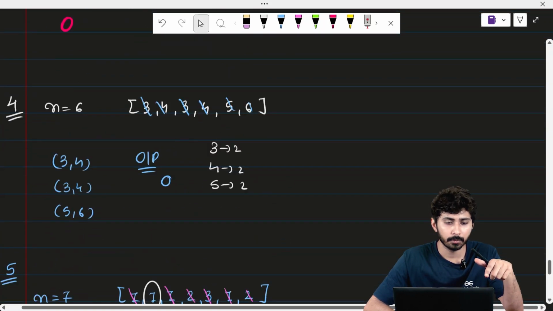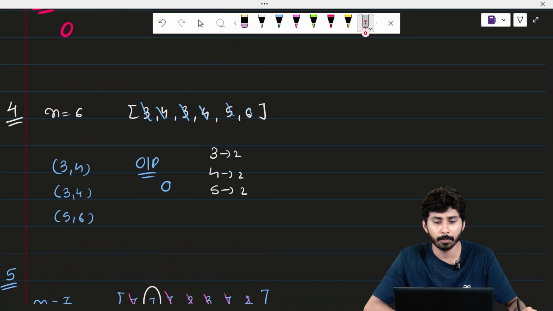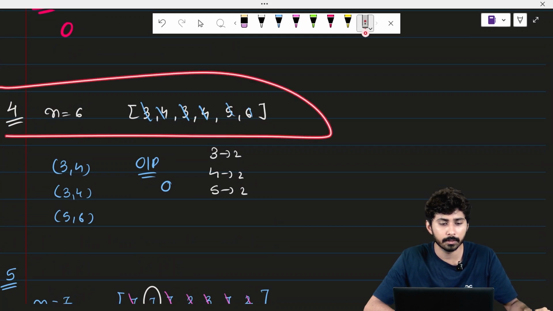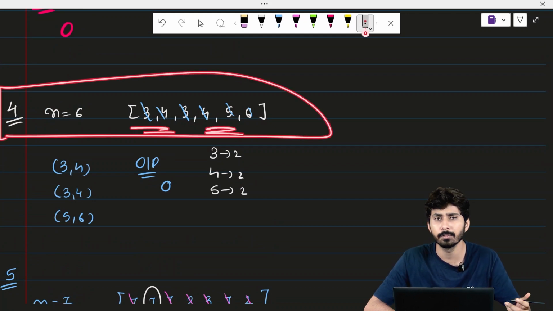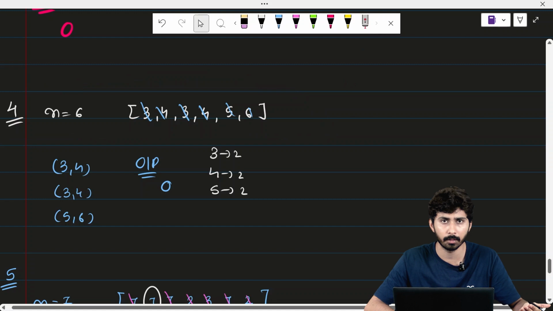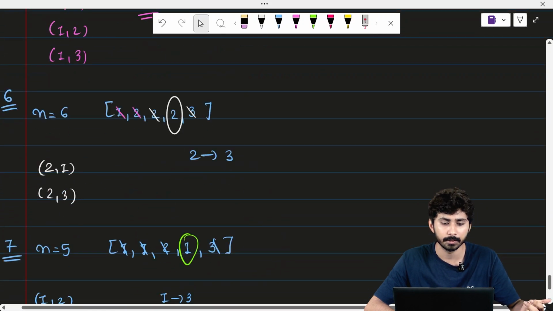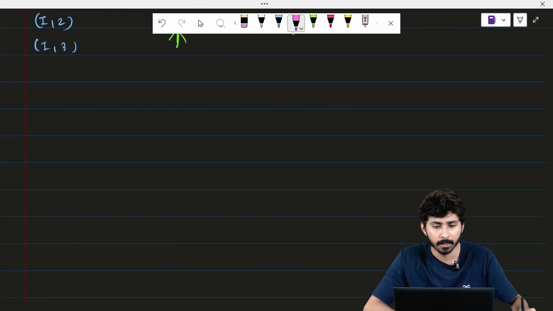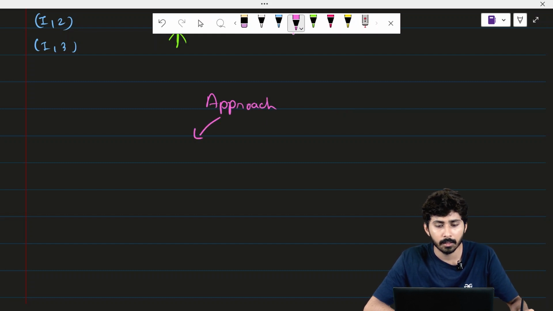So here I can observe the output. I saw two different types of test cases: ones in which there was a dominating element, and example 4, in which there was no dominating element, every element occurring the same number of times. So the approach can be found by dividing the test cases into two types.